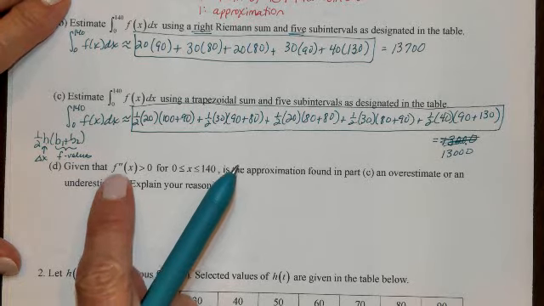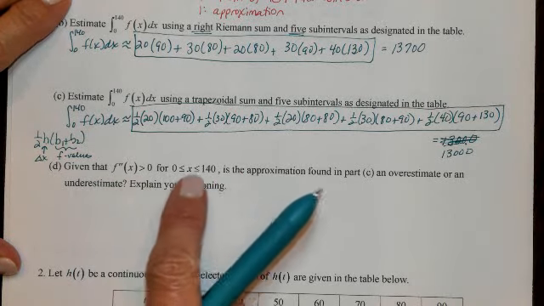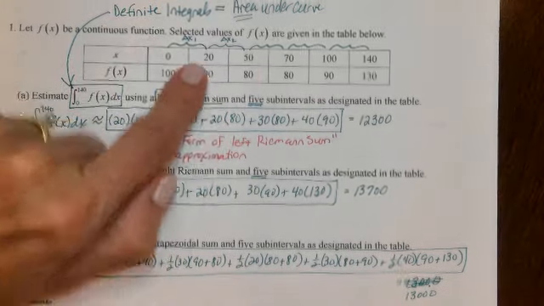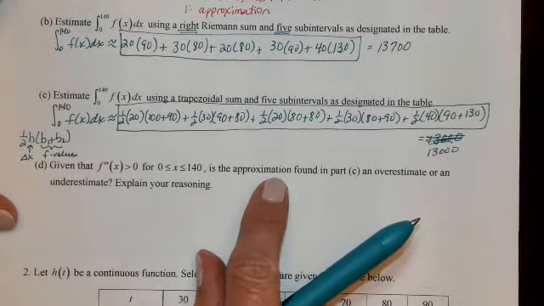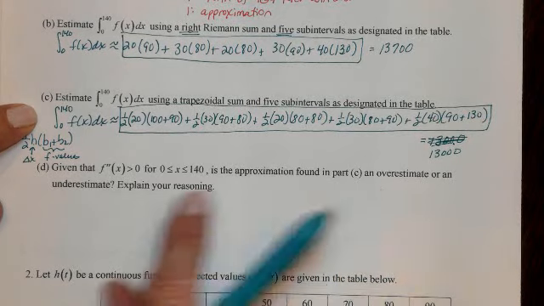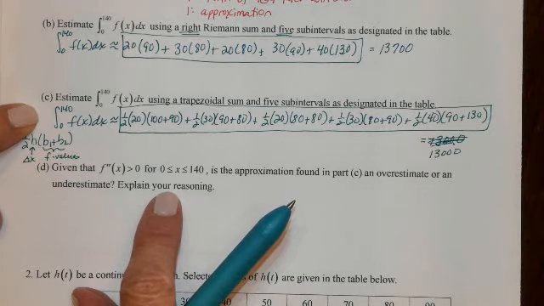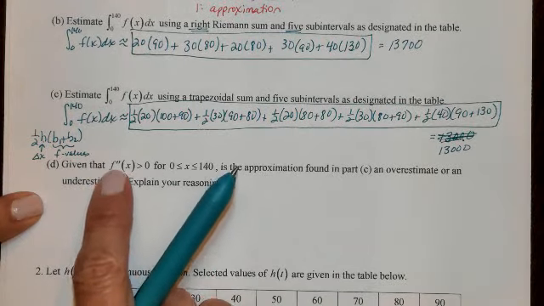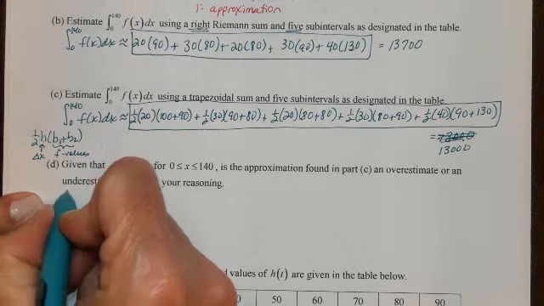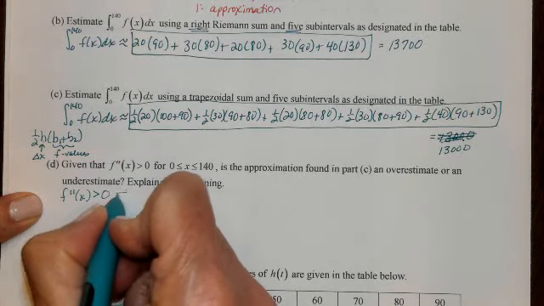All right, part D. Given that f double prime of x is greater than 0 for the entire x domain, is the approximation found in part C an overestimate or an underestimate? And explain your reasoning. Okay? Well, if f double prime is greater than 0, what does that mean?